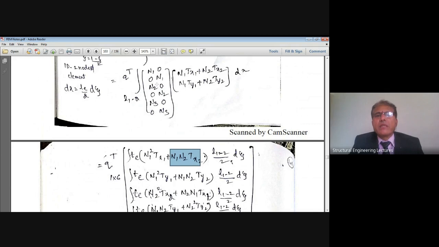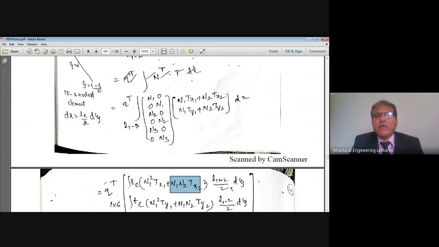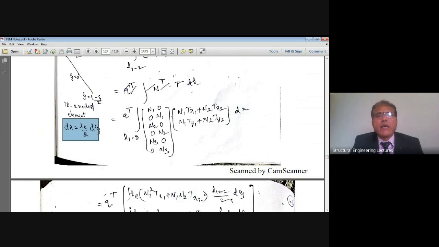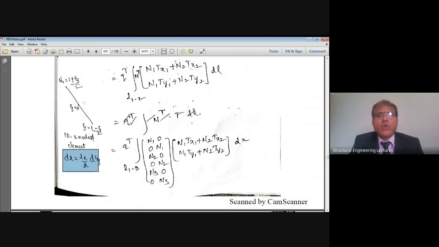multiplied by length of that, because dx, we know the relation between dx and dxi as the relation between local and global coordinate systems for 1D 2 node element, because now the third node is not coming into picture. Therefore, this 1 to 2 node is represented by 1D 2 node element, right?